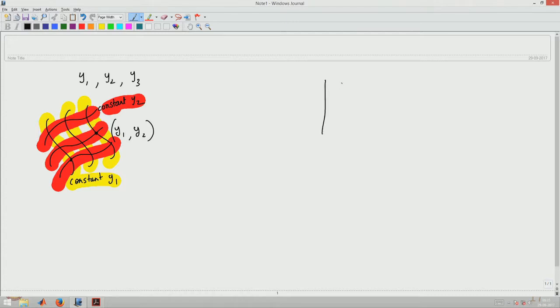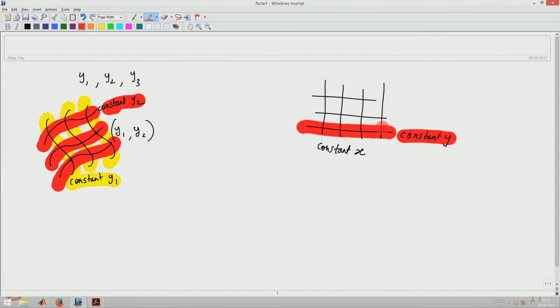In a rectangular coordinate system also we have a grid, and these are the constant y surfaces, and similarly these are the constant x surfaces.